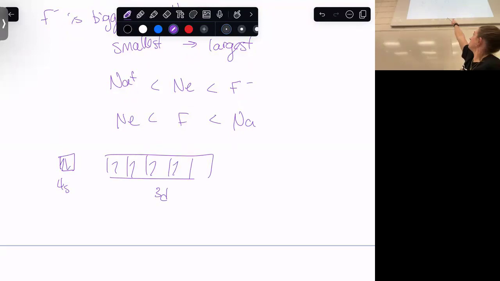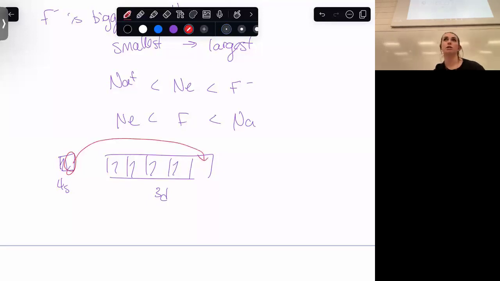This now makes you have an orbital that has nothing paired, but a 4s that has something paired. So it's easier and more energetically favored to bump this paired electron up here.